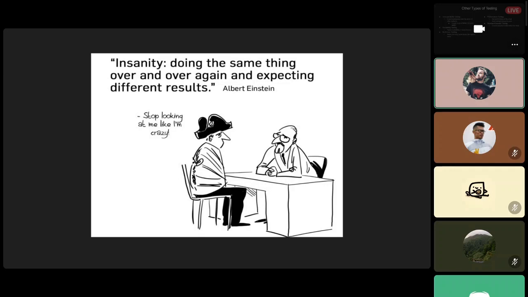So to quote the infamous Albert Einstein, insanity is doing the same thing over and over again and expecting different results. Starting to look at all of us, folks. We can't do the same thing that we've been doing and expect better results. If anything, the different results are typically not playing in our favor. Okay? And then we wind up being that gentleman with the hat and the straitjacket saying, we're not crazy. Why are you looking at us? We're not crazy.